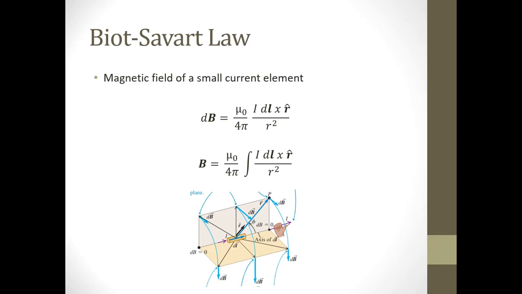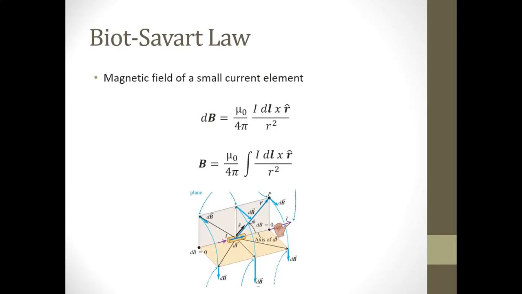What r really is here, or r hat, is a unit vector in the direction of r, and then divided by r squared. So really what this cross product does is it gives us that angle sine of phi in there. Remember that r hat, a unit vector, is a magnitude of 1 and just points in a direction.